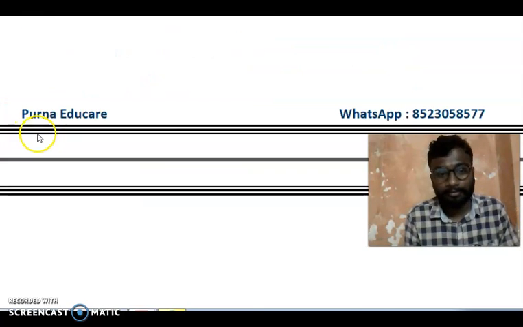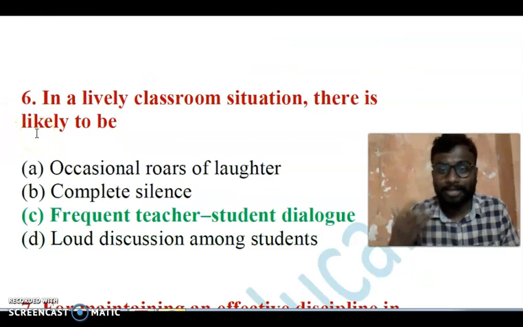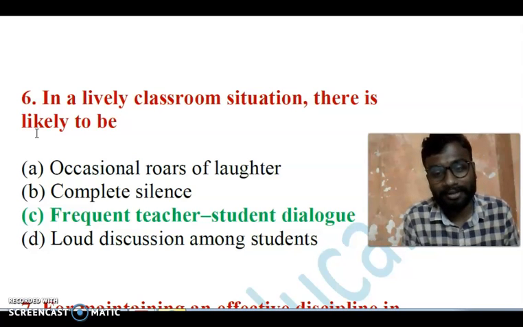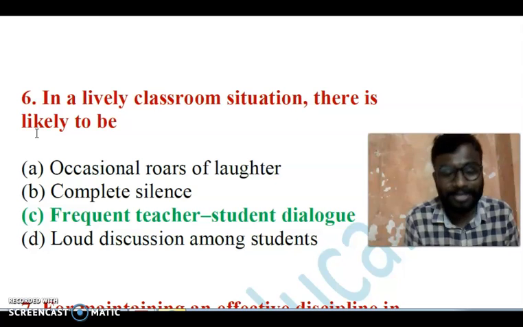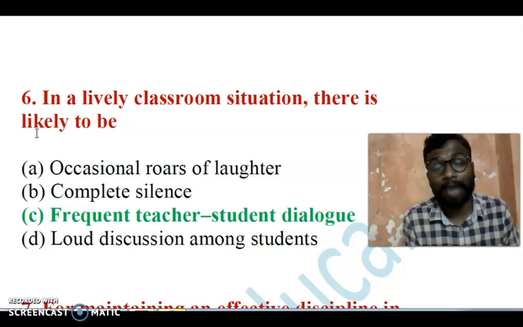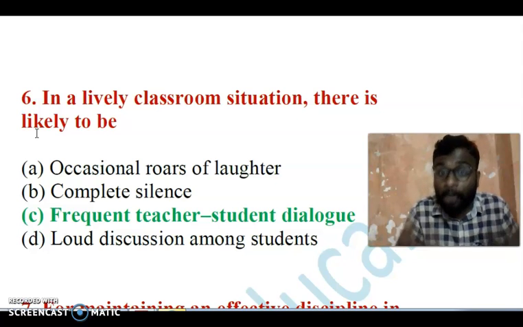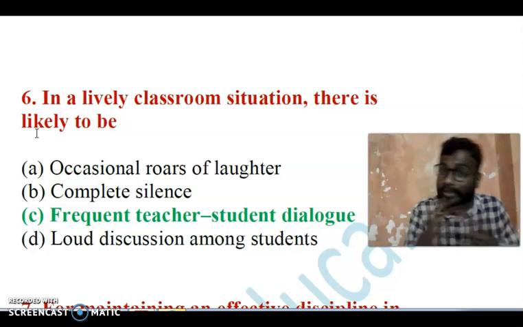In a lively classroom situation, there are likely to be frequent teacher-student dialogues. When the teacher-student dialogues continue, some interest is generated among the remaining students.